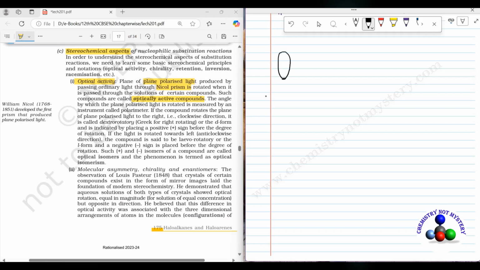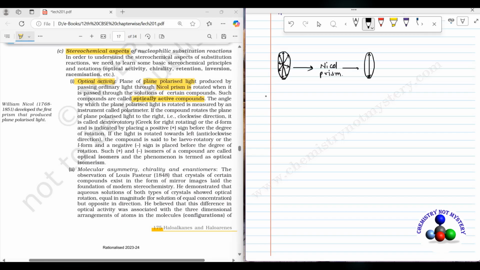So if I can show, this is the normal light, which is polarized in all the directions. When this normal light passes through a Nicol prism, so here, this is the Nicol prism, you will get plane polarized light, which is polarized only in one direction.